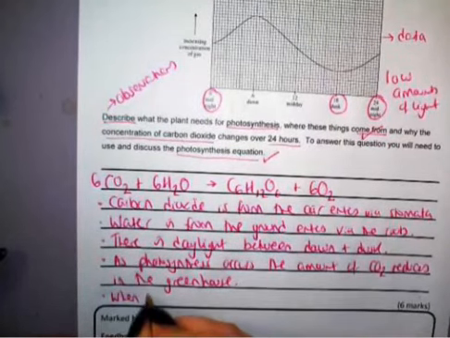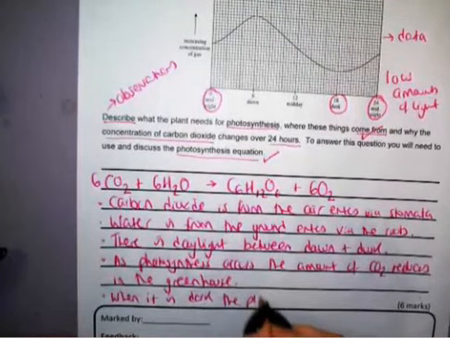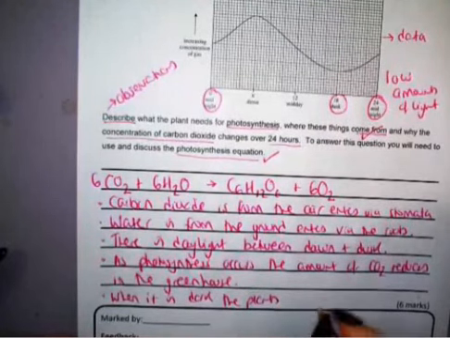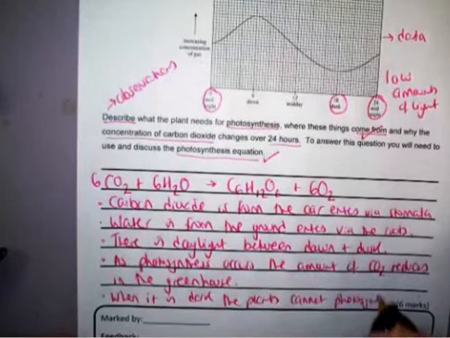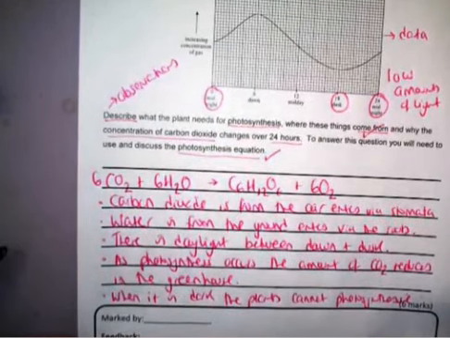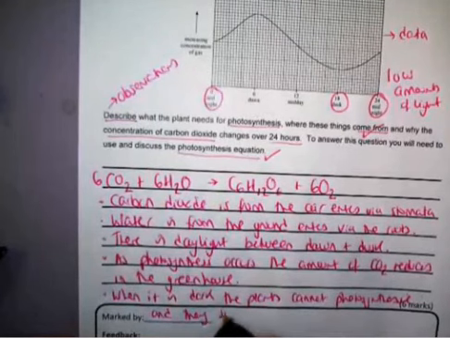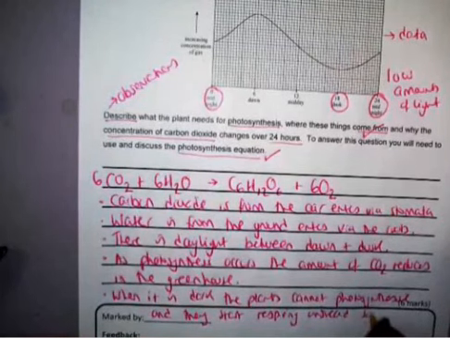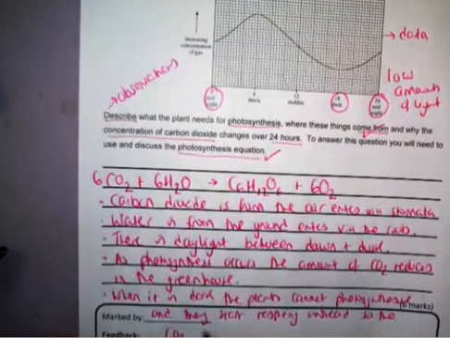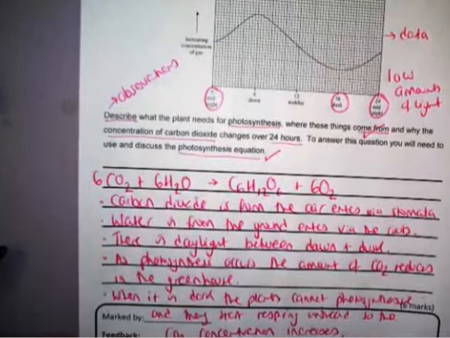So when it is dark, the plants cannot photosynthesize, and they start respiring instead, so the CO2 concentration increases.